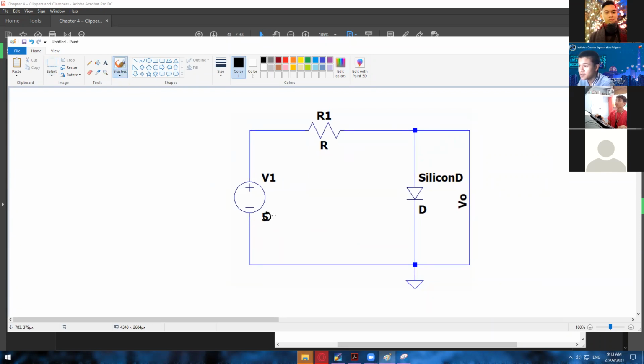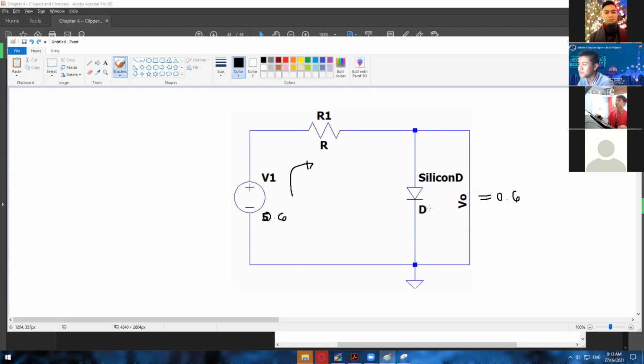So what is my reading of my VO if this one is 0.6 volts? How about the others? Do you guys have the same answer, which is equal to 0.6 volts? So isn't it still the same? Still 0.7, sir? No.